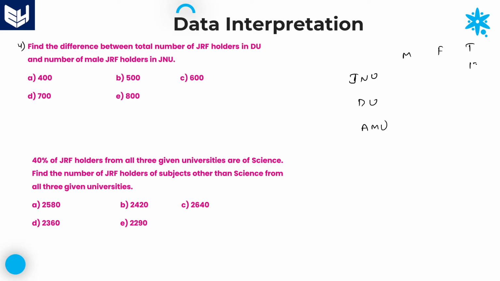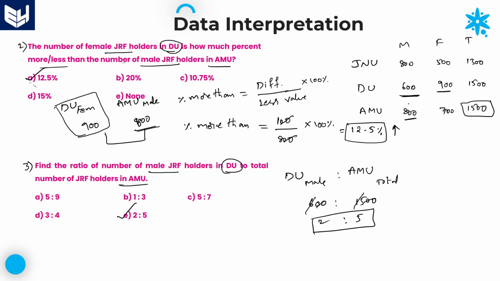First one total 1300, this is 800, this is 500. Whereas coming to this case, this is 800, this is 700, this is 1500. Here also it is 1500, but it is 600, and this is 900. Total 1500. 6, 9, 15. Right, exactly.